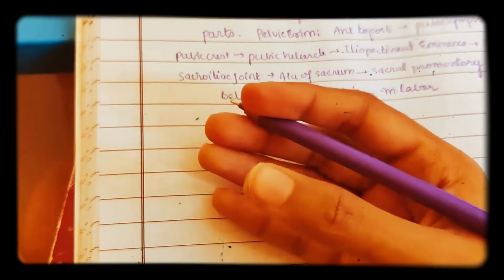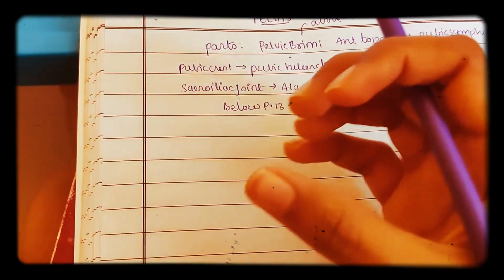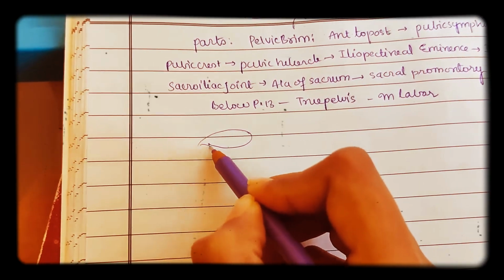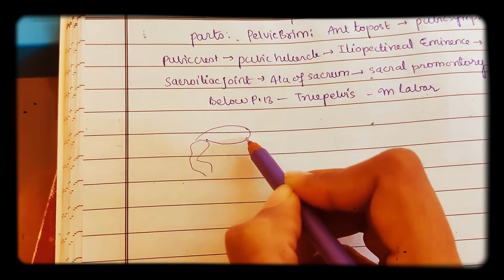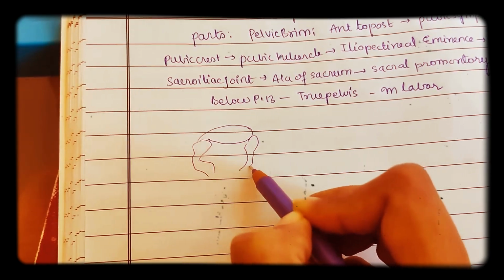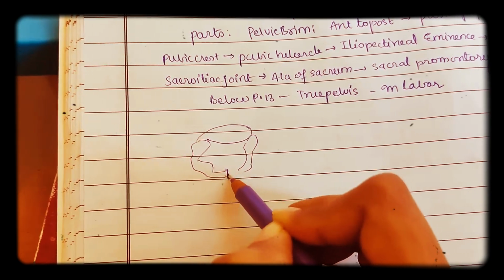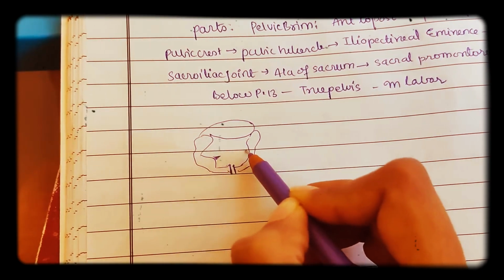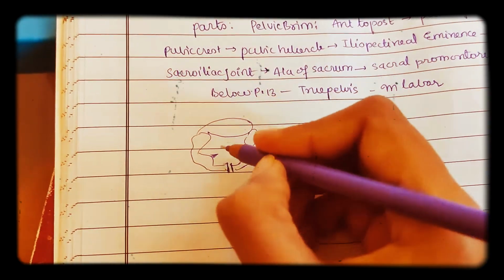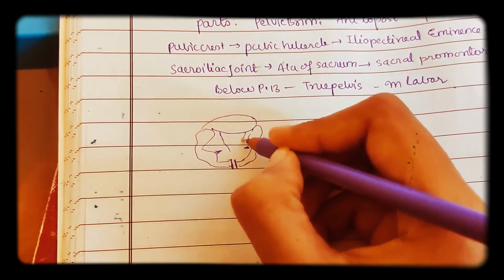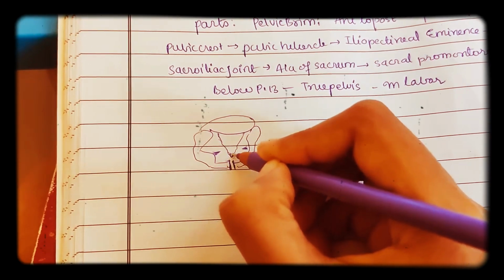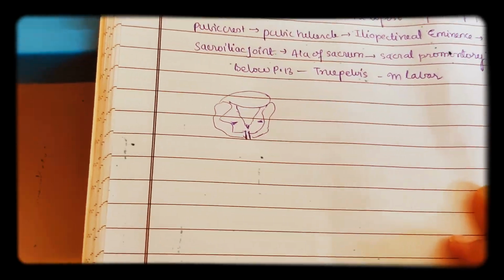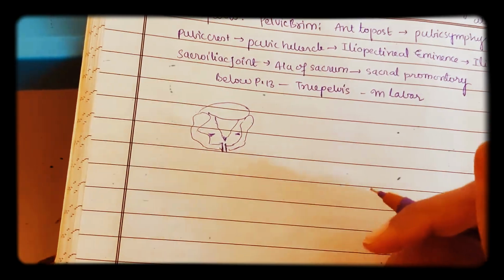Now coming to parts of true pelvis. Parts of true pelvis have one inlet. So let me draw, for example, the pelvis like structure, just an imaginary diagram. Here you will be having sacrum and coccyx like this. Imagine in a 3D way.